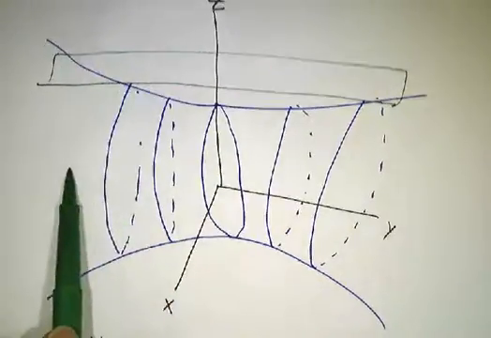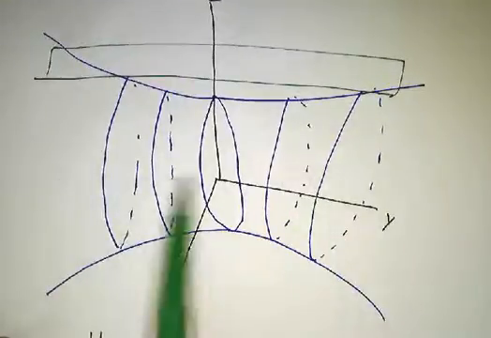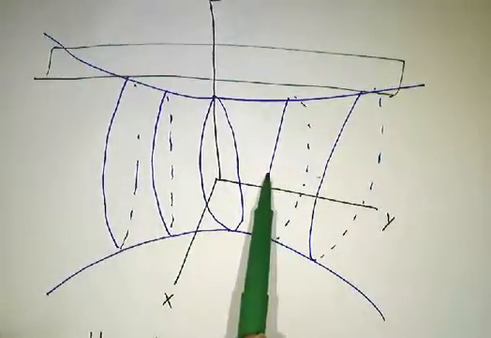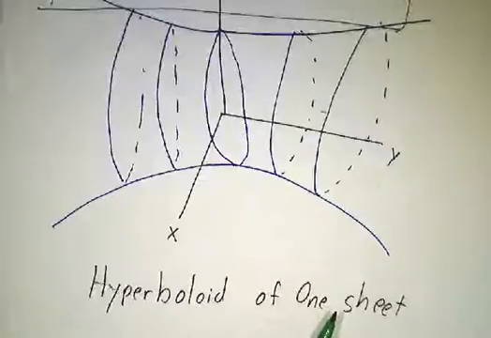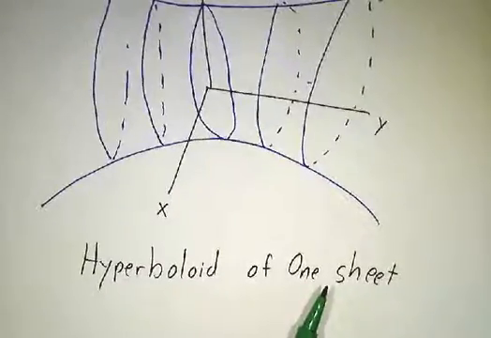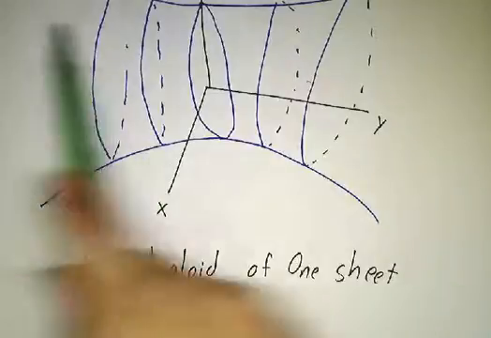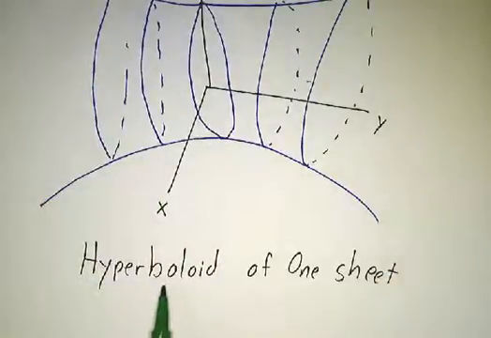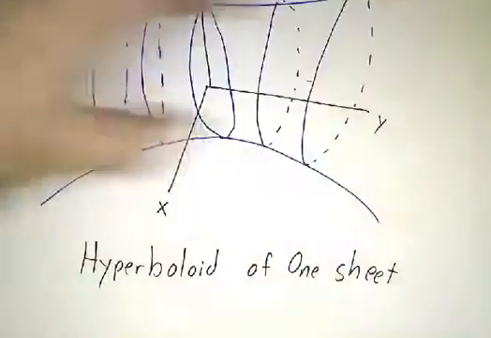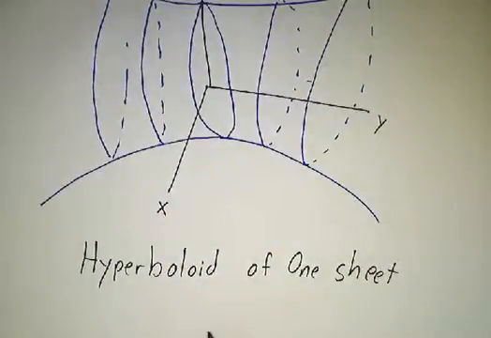If you have a slice with z less than 1, you get the hyperbola pointing the other direction. So this is called a hyperboloid of one sheet, because some of its traces are hyperbolas, but it's all in one piece. And that is our surface.